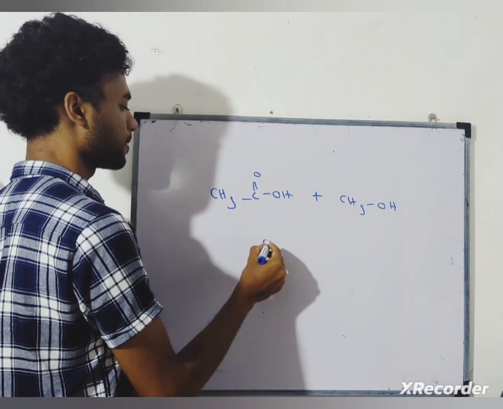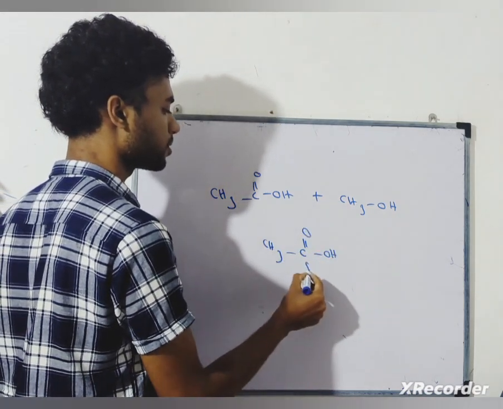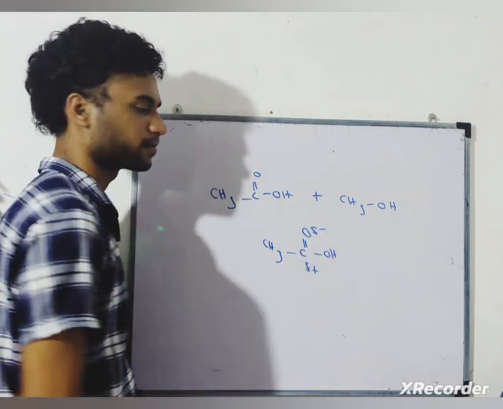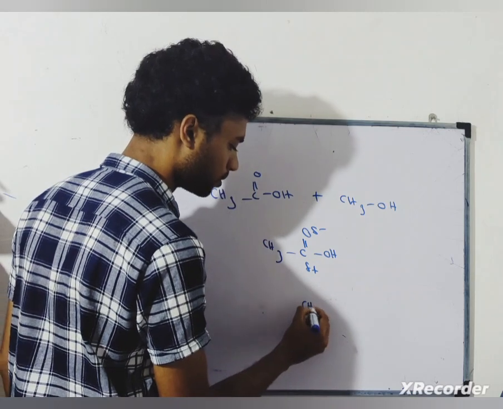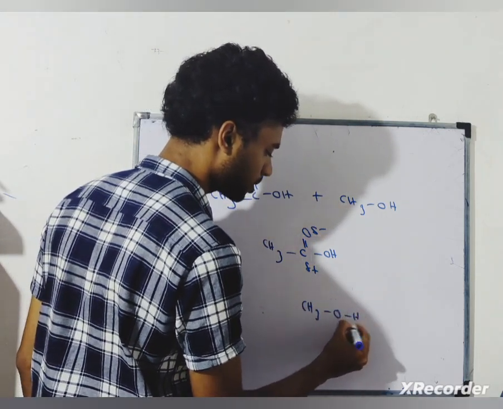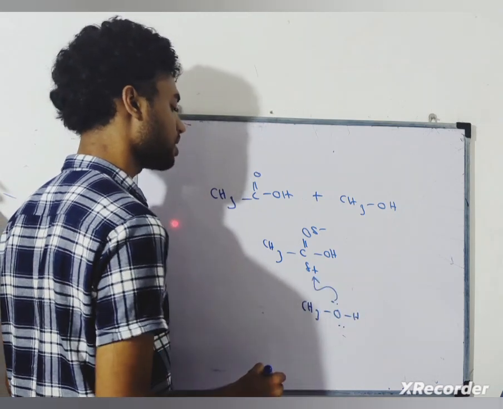Actually, this is what's happening. We have CH3, C double bond O, OH. Carbon is delta positive, oxygen is delta negative, right? If you consider the alcohol, the lone pair of the oxygen is going to attack this delta positive carbon.